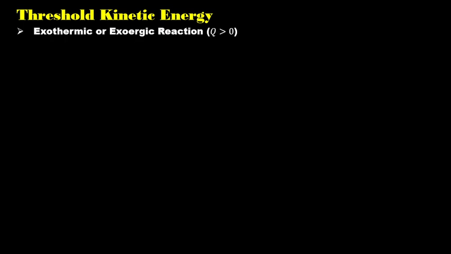In an exothermic reaction, the mass energy of the reacting particles is converted into the kinetic energy of the product particles, and thus we have kinetic energy of the product particles greater than that of the reacting particles, and in this situation the Q value is greater than 0. We know that the Q value is equal to the kinetic energy of product particles minus the kinetic energy of reacting particles.